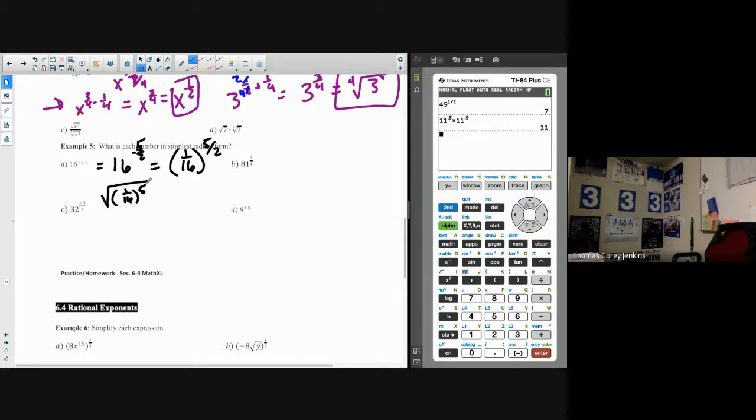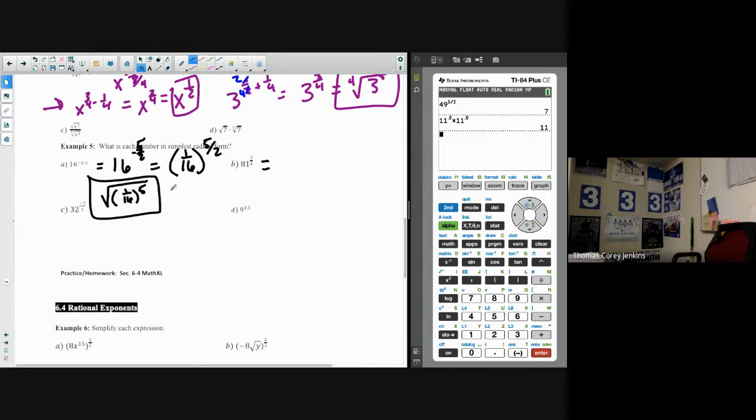All right, so that would be the simplest radical form for that, okay? Then you have 81 to the power of 3/4. Well, I guess, sorry, I could simplify this a little further because I can take the square root of 16.